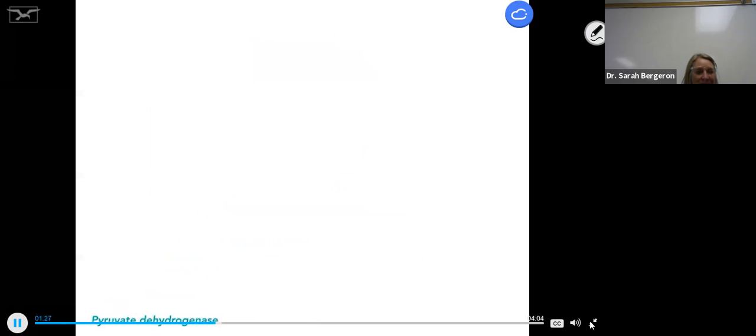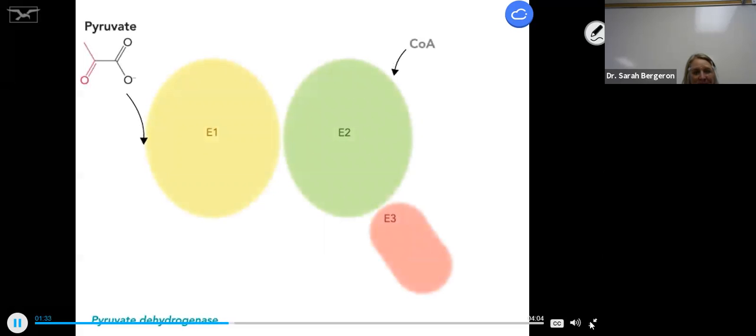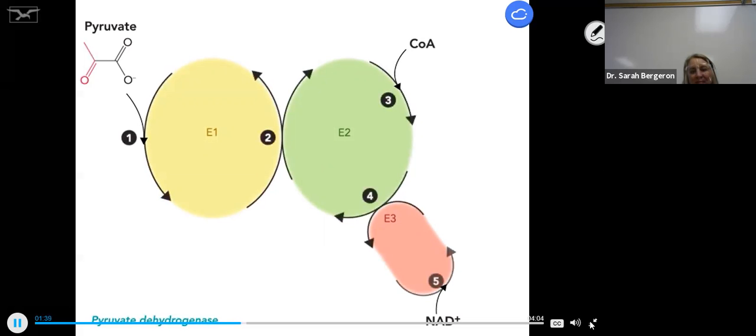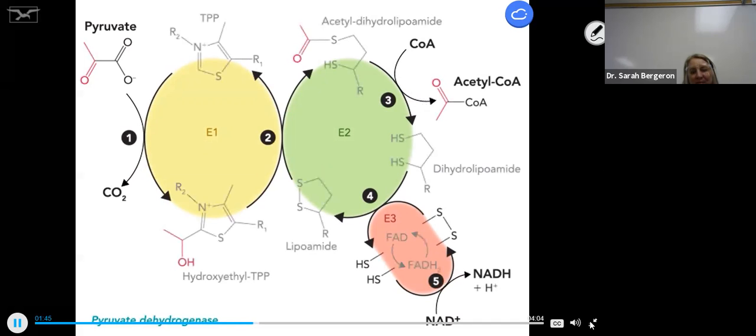The pyruvate dehydrogenase complex consists of 3 interdependent enzyme subunits that use pyruvate, CoA, and NAD+ as substrates, and in a 5-step reaction mechanism, generates carbon dioxide, acetyl-CoA, and NADH. 5 different coenzymes are needed to enable the enzymatic activity of the pyruvate dehydrogenase complex: nicotinamide adenine dinucleotide, derived from vitamin B3, flavin adenine dinucleotide, derived from vitamin B2, coenzyme A, derived from vitamin B5, thiamine pyrophosphate, derived from vitamin B1, and lipoamide.